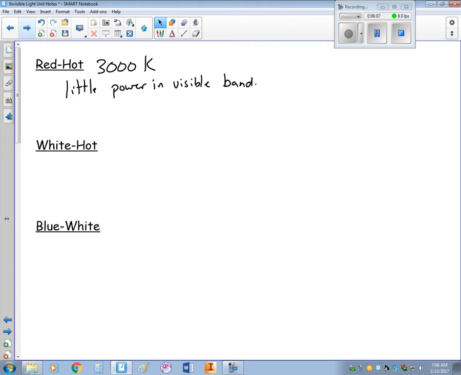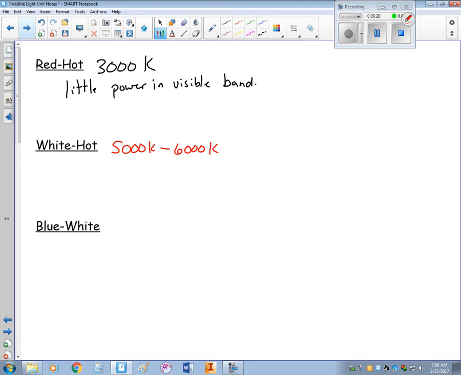White hot, so if I continue to take that piece of steel and continue to raise its temperature, is in the neighborhood of 5,000 to 6,000 Kelvin. So we have a lot of red, blue, and green. These colors, when mixed, make white.